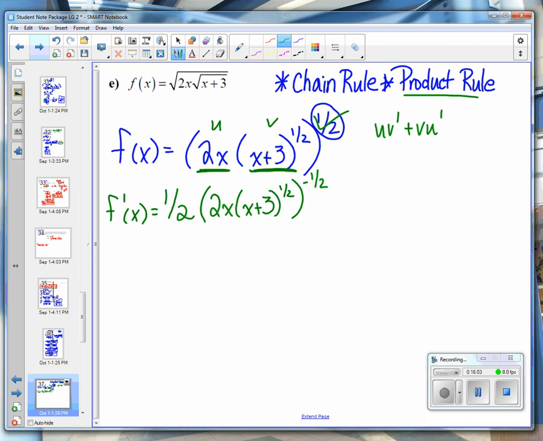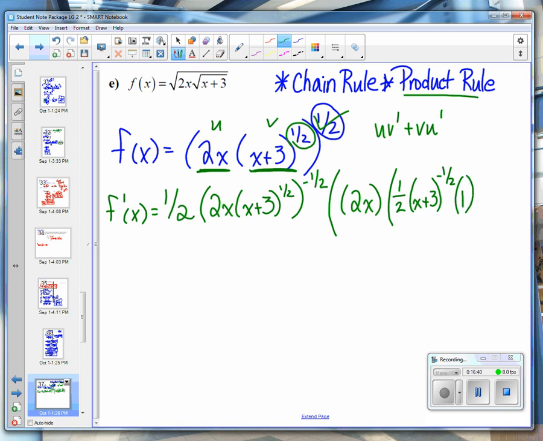Now remember, this is part of the chain rule that we used originally, so I need to multiply by this answer. So my u is 2x. My v is the chain rule. Look, I've got a half up here. So this is the pain where you draw a bracket, go outside, leave the inside exactly how it is, minus 1, times the derivative of the inside, which is x plus 3, which is just going to end up as 1.